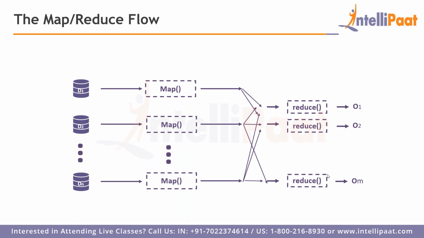If that reducer, which has been decided to take the "I" words, happens to be on the same system as where this particular mapper is running, then yes. Otherwise, this mapper will send the "I" output to reducer number 2 if reducer number 2 is handling that "I" word. So that is how that happens.